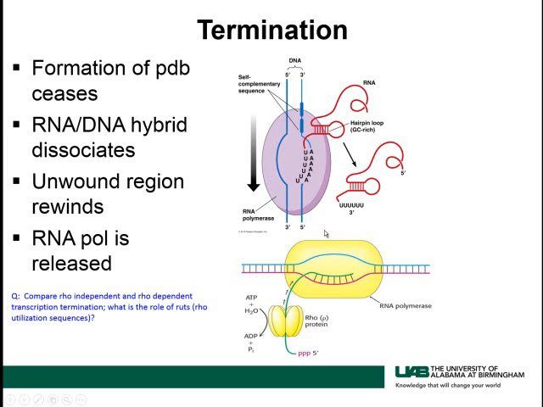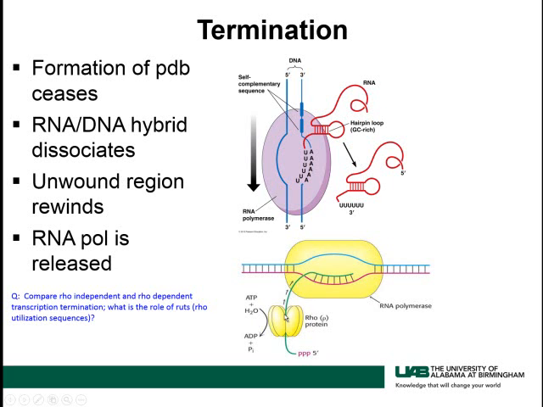Okay. Now, for the rho dependent termination, there's a factor called Rho. This is a protein that actually binds to the RNA and it begins to travel and is chasing the growing beginning of the RNA right here. So this is single-stranded RNA right here.